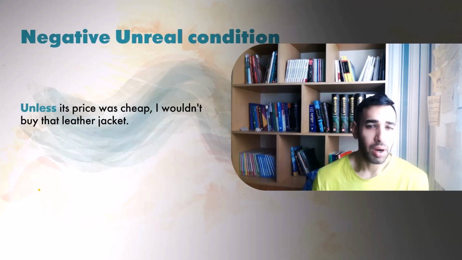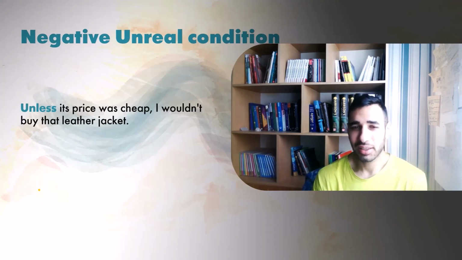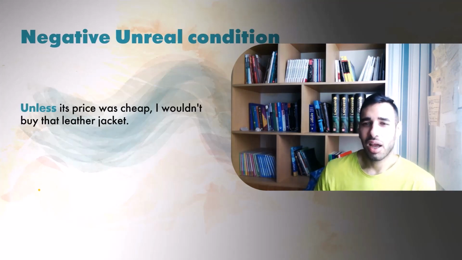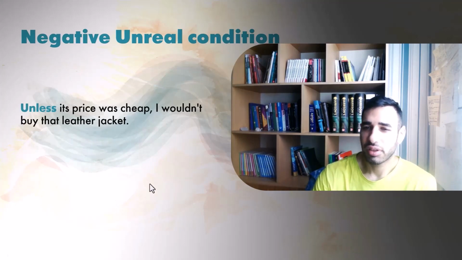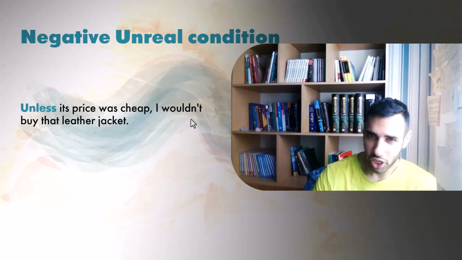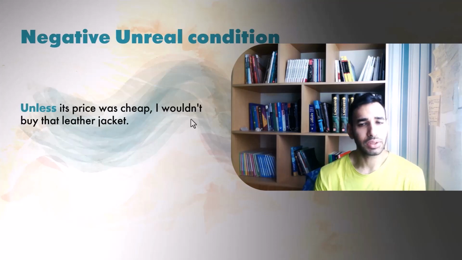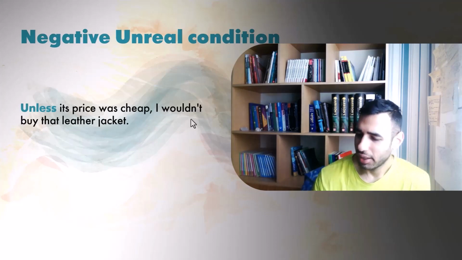The price wasn't cheap, obviously, and I didn't buy the leather jacket, so it's completely unreal. And the main clause is negative, so we can use unless here. Both unless and if not are correct. If the price was not cheap, I wouldn't buy that leather jacket.